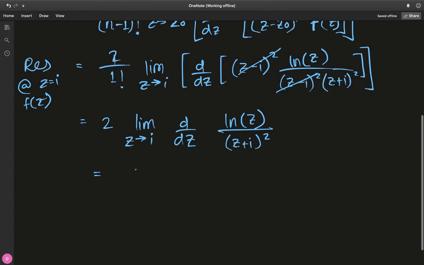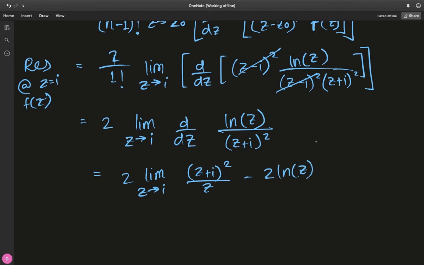This is going to be basically 2 times the limit as z goes to I of z plus I the whole thing squared divided by z, minus 2 times natural log of z times z plus I, divided by the square of this. So z plus I squared is the 4th power.